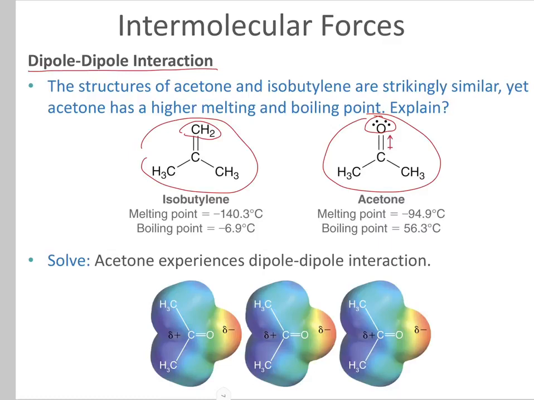The bond between a carbon and a carbon here has an electronegativity difference of 0, so it's purely covalent. The bond between carbon and oxygen is polar covalent. Carbon has an electronegativity value of 2.5. Oxygen has an electronegativity value of 3.5.